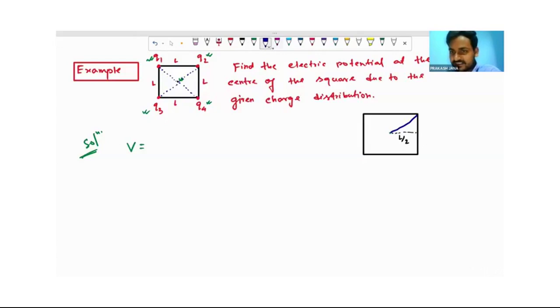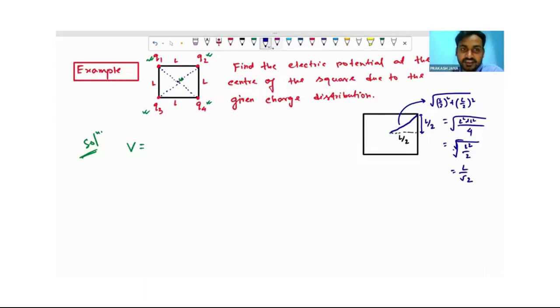This is L by 2. This one is also L by 2. So this is nothing but the hypotenuse, that is root of L by 2 square plus L by 2 square. It gives root of L square plus L square over 4. So it gives ultimately root of L square by 2, that is L by root 2.